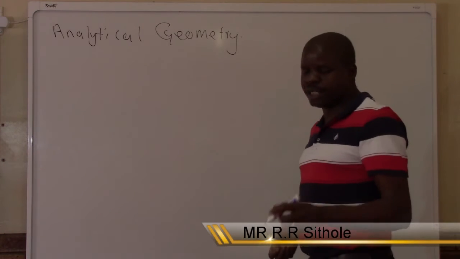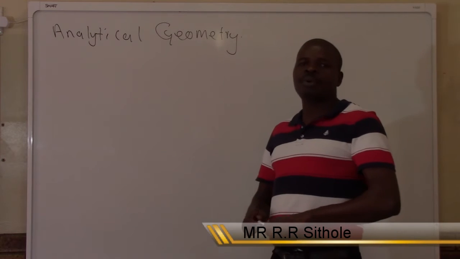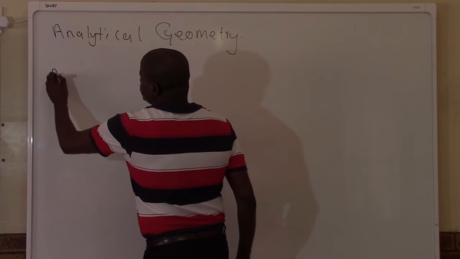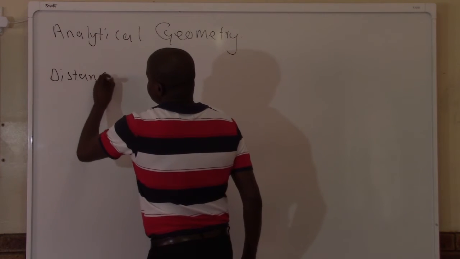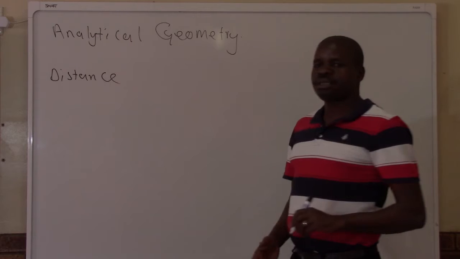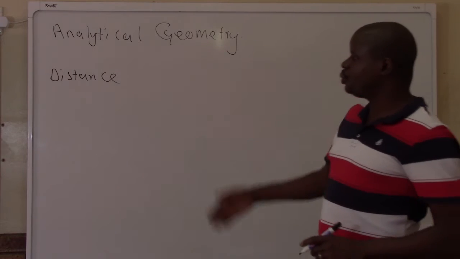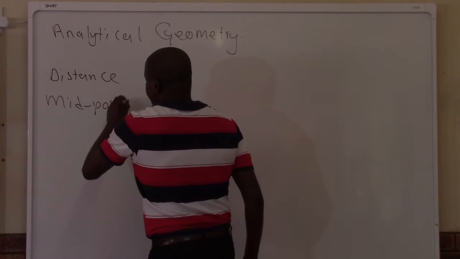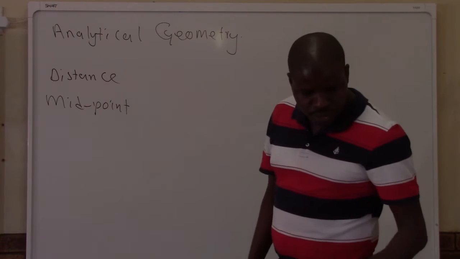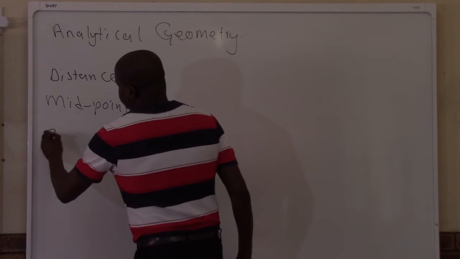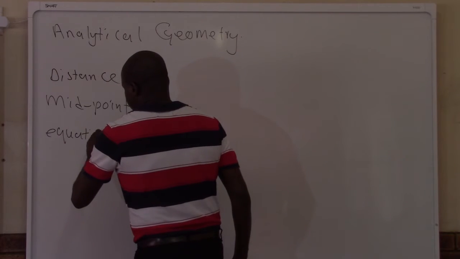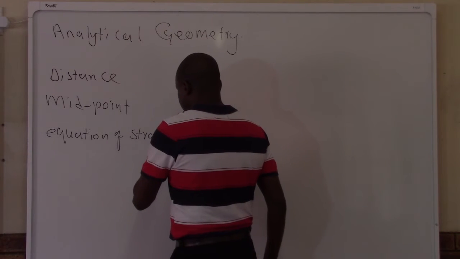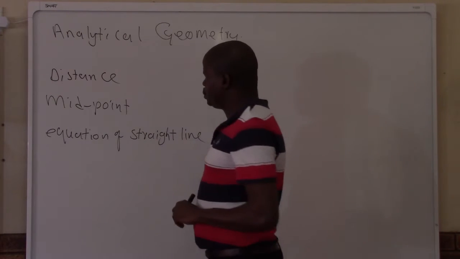It's all about the properties of polygons and also the properties of a circle. What we're going to do today is take a look at the distance. We know that analytical geometry has to do with distance, and then we are going to take a look at the midpoint. We are also going to take a look at the equation of a straight line.